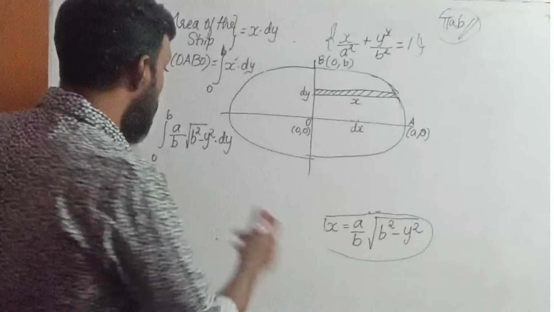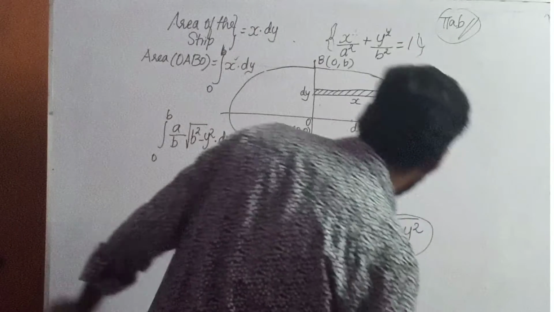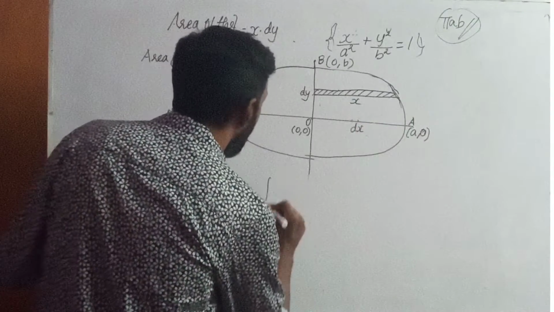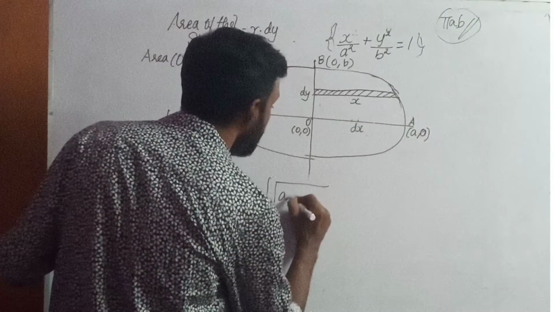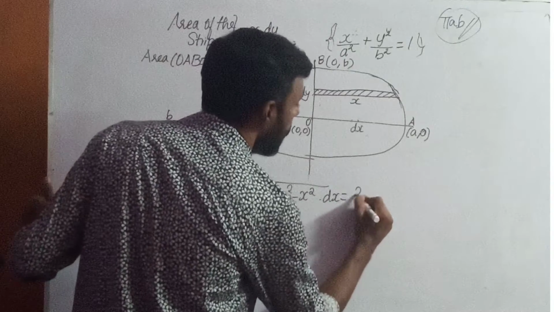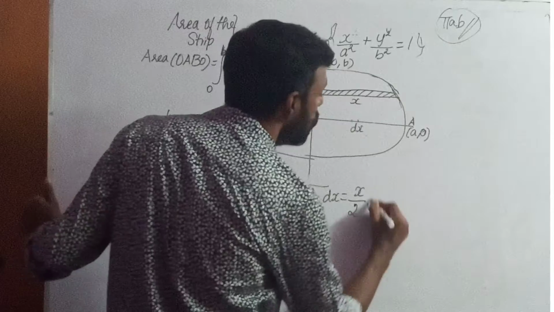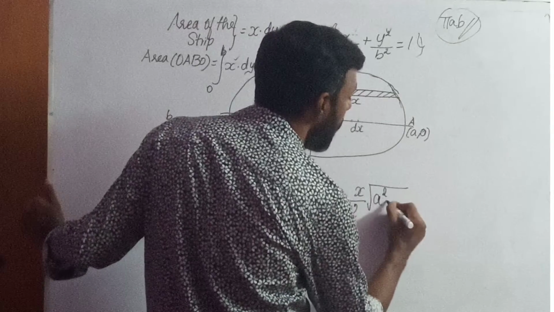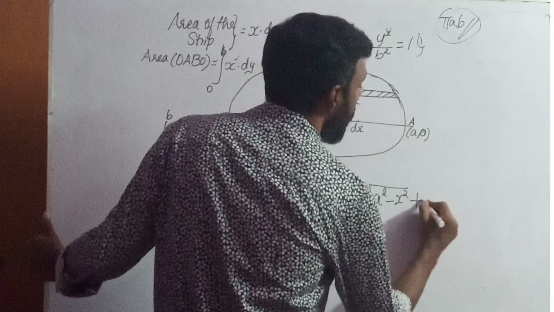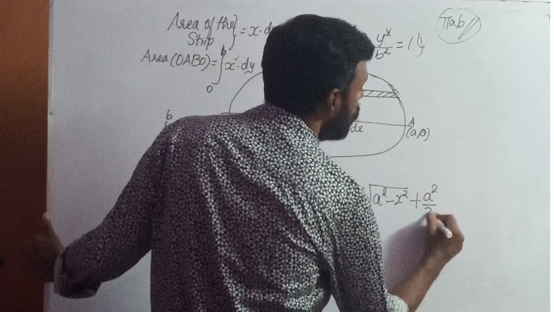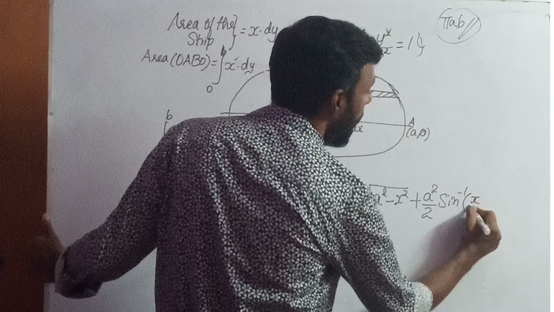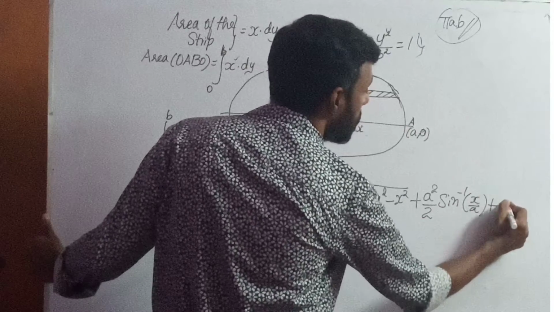Now I have another formula. The integral of root of a squared minus x squared into dx is nothing but x divided by 2 into root of a squared minus x squared, plus a squared divided by 2 into sine inverse of x divided by a, plus c.